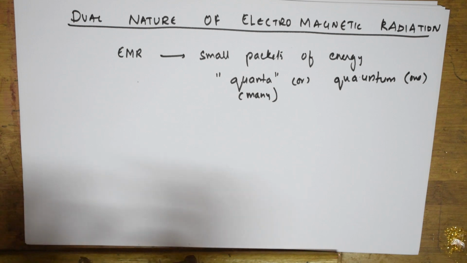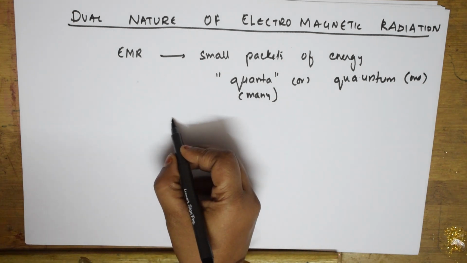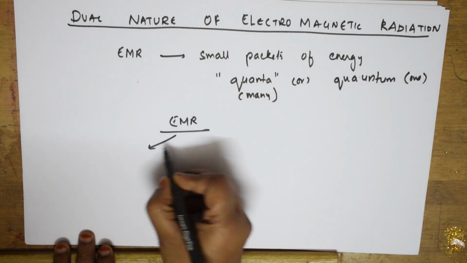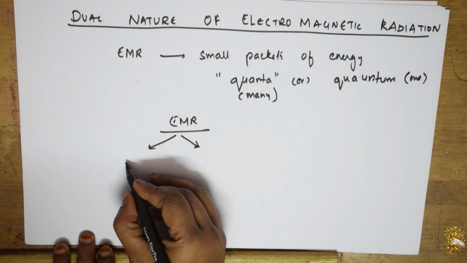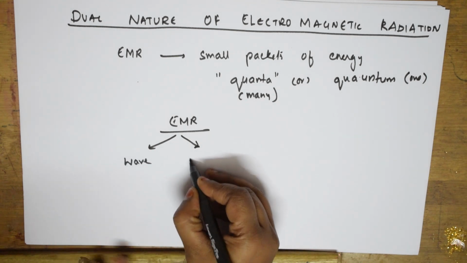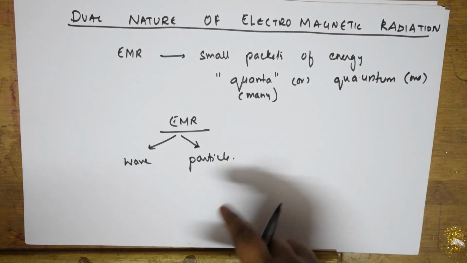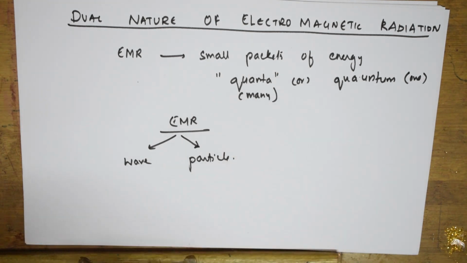From the above concept, we could say that light has both wave nature as well as particle nature. Now, with this wave and particle nature, many scientists came into the picture.